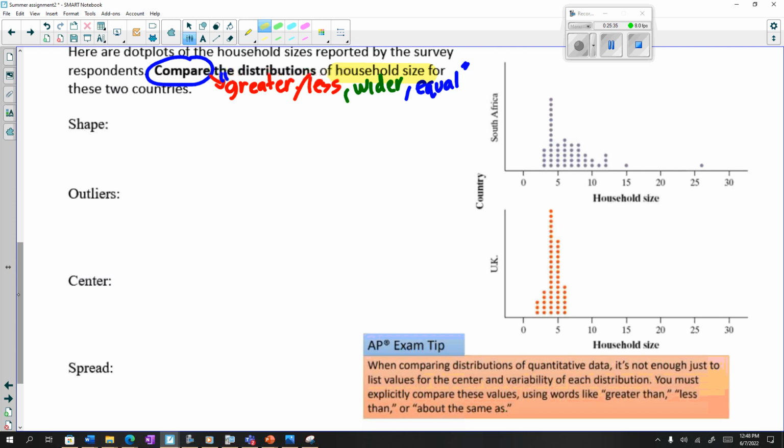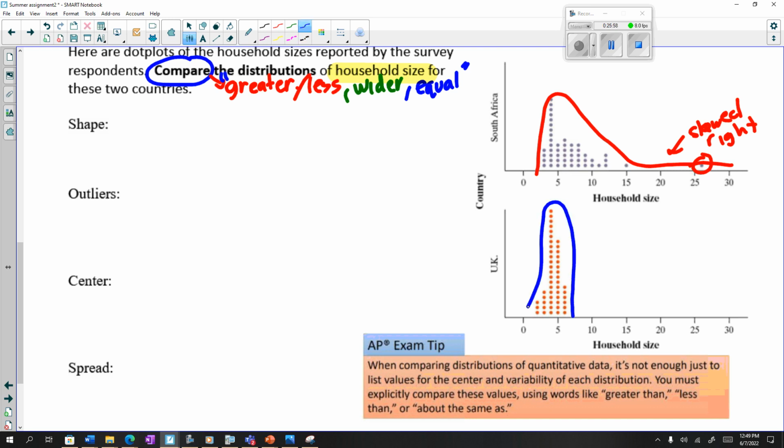So let's start with shape. I see a clear difference between shape. So South Africa to me looks skewed to the right because the tail is on the right and there's an outlier on the right. And then UK, I'll use a different color, I'll use blue, looks skewed to the left. So that's a clear difference.